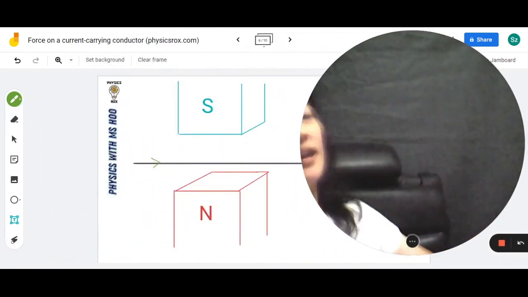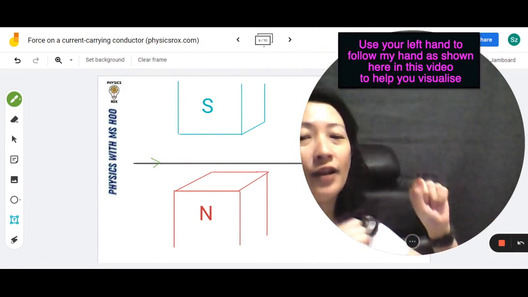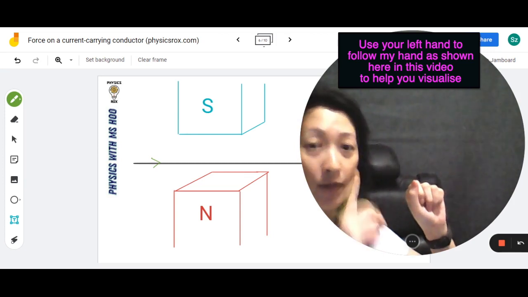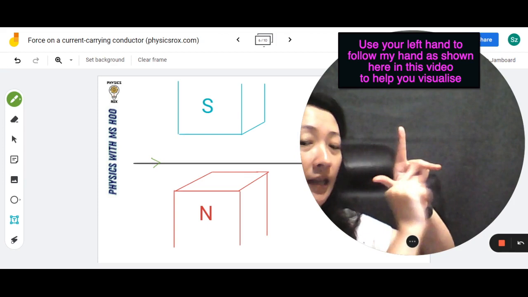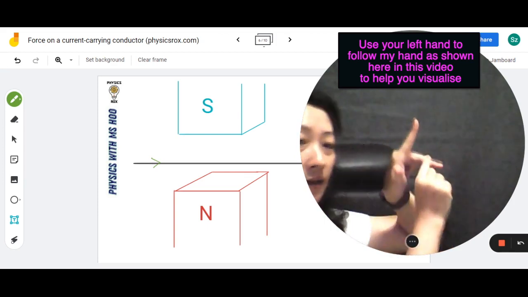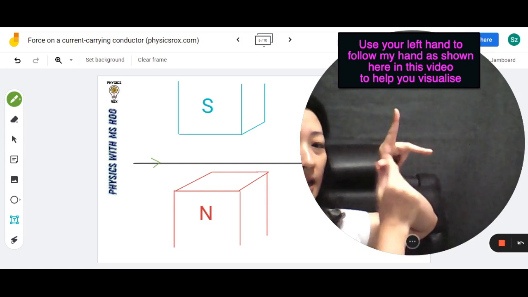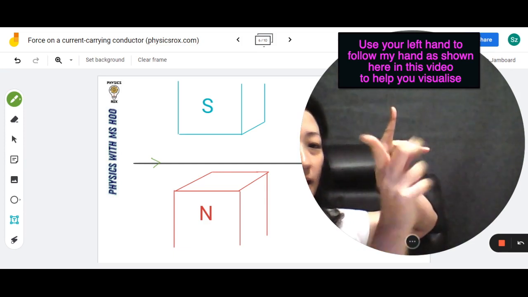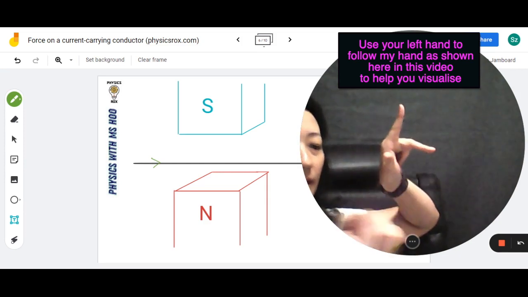Again, have your left hand follow this hand. Now you can see the magnetic field is pointing upwards. South is outwards, right? So north to south, and the current is flowing from left to right. And this force is coming towards you, out of the screen, out of the paper.